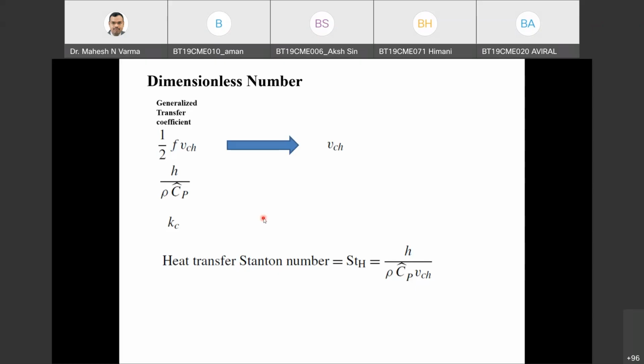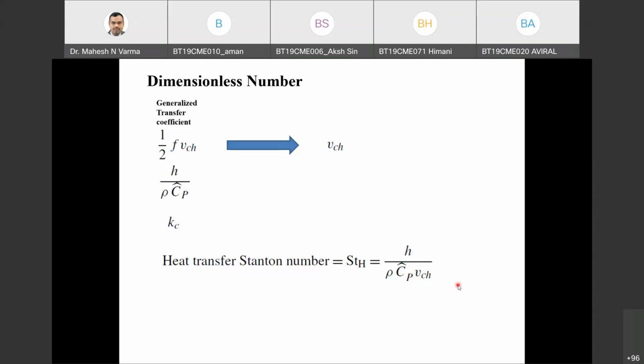So the Stanton number represents the ratio of the generalized transfer coefficient for heat transfer to the generalized transfer coefficient for momentum transfer. So this is representing the interface heat transfer divided by the interface momentum transfer, that is, overall heat transfer at the interface over overall momentum transfer at the interface.